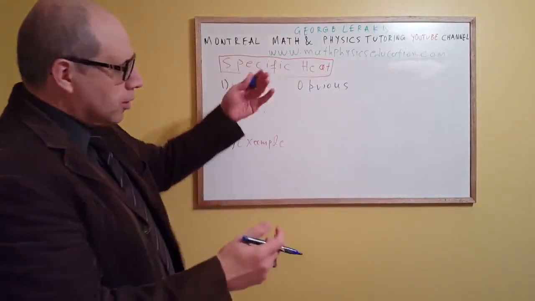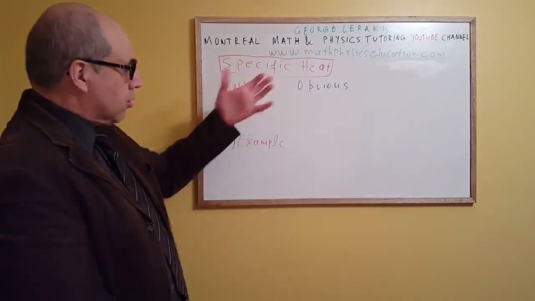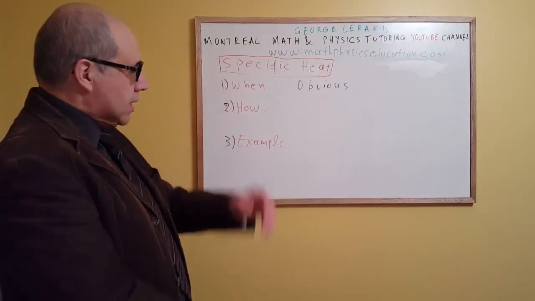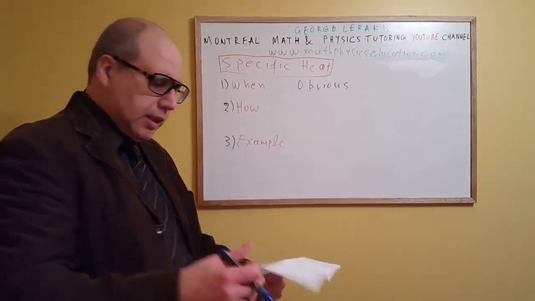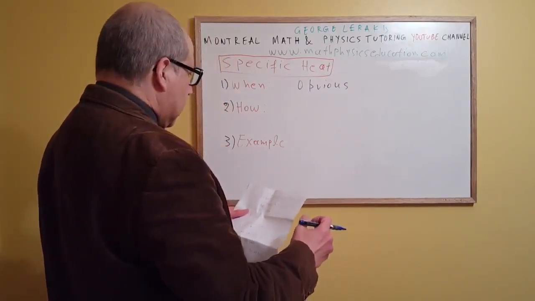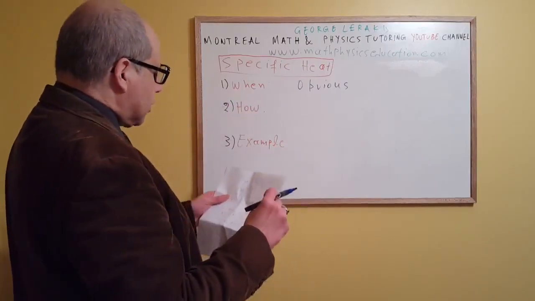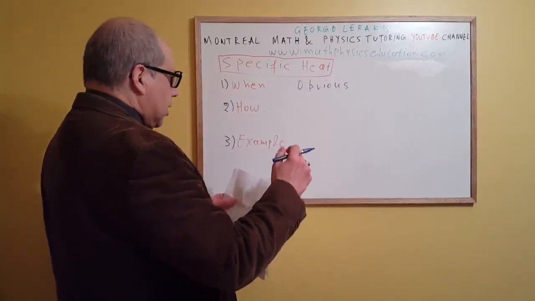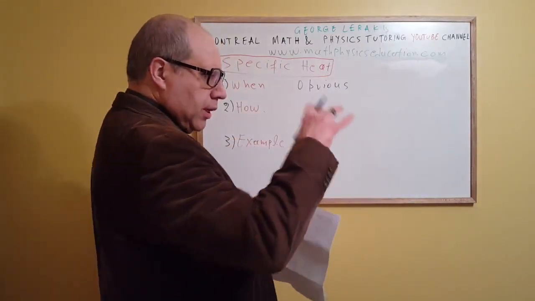When you have a problem in this topic, you have to use the formulas that we will state right now. The formulas have to do with two parts. The first part is when you have a change in the temperature of the material.